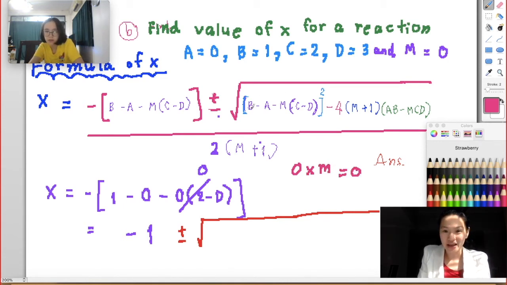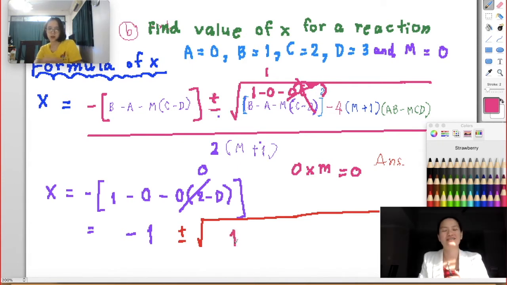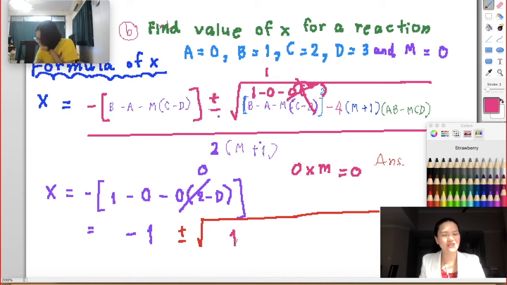I can see that b is 1, a is 0, and then I minus with m. m is 0 multiplied with the whole term anyway. 0 multiplied with anything tends to be 0. So I get 1, and 1 squared equals 1. So I put 1 here. Is it easier to do?